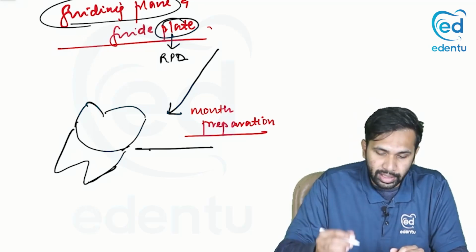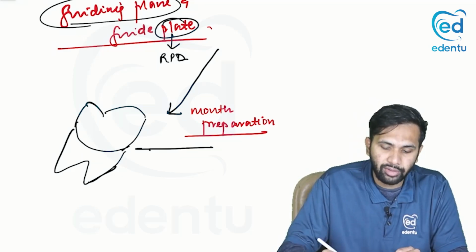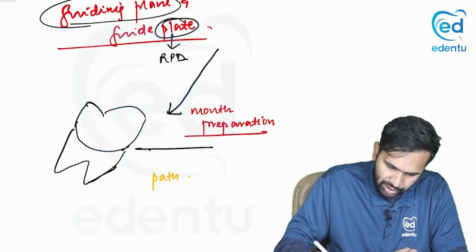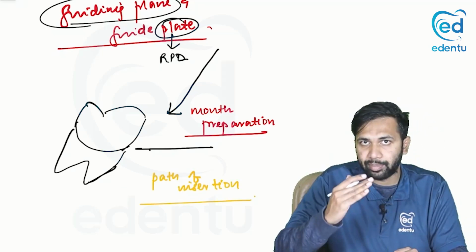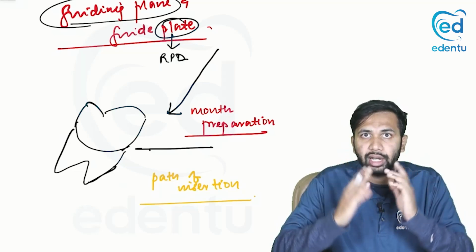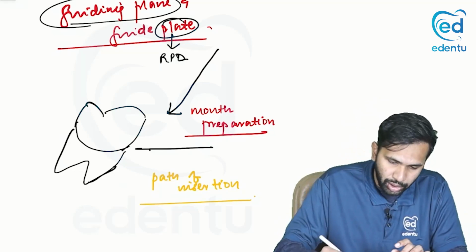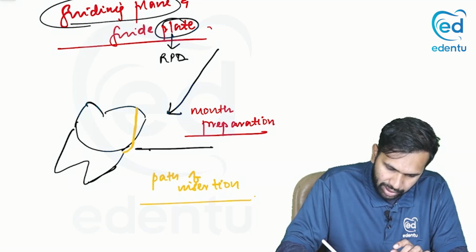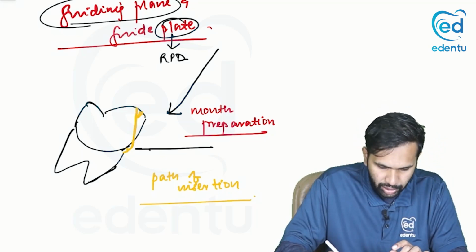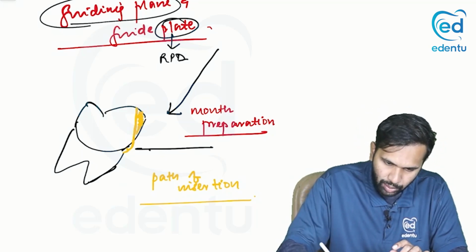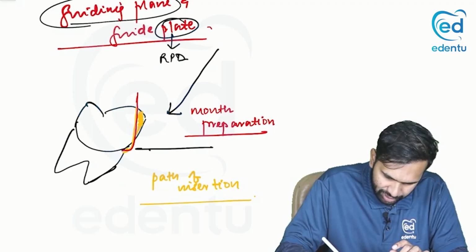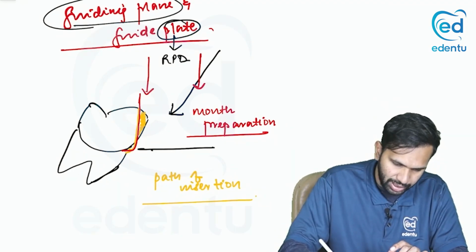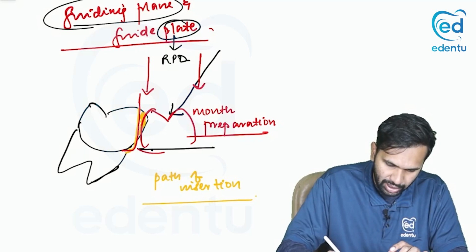In this mouth preparation, we have to decide the path of insertion. It means how you insert the RPD. For that, you do enameloplasty and create flat surfaces. You do enameloplasty over here and create a flat surface on this tilted tooth so that the RPD can have a path of insertion like this.